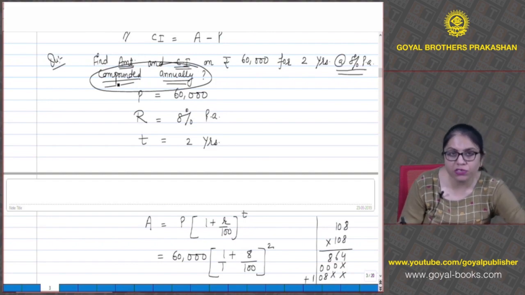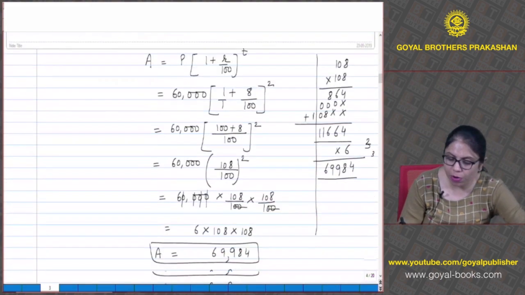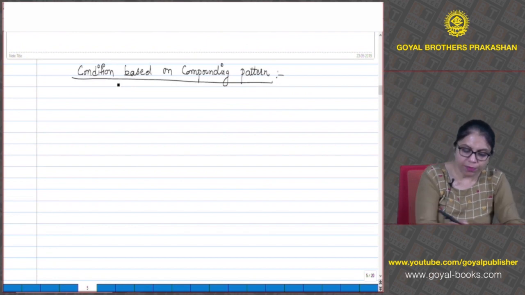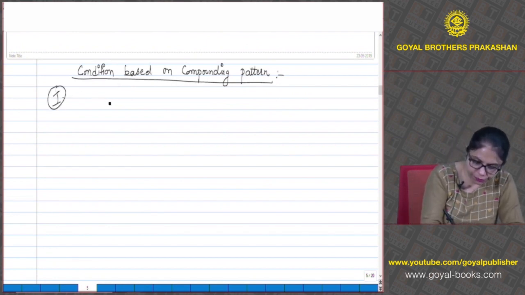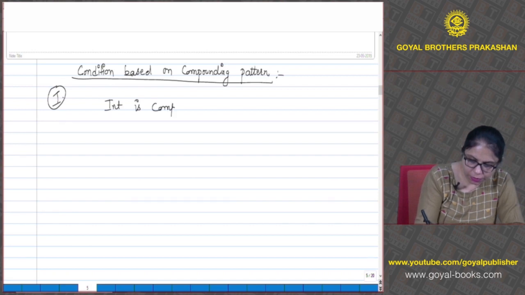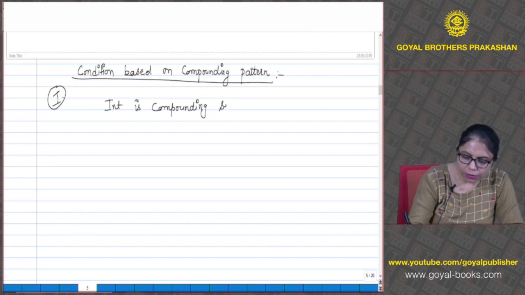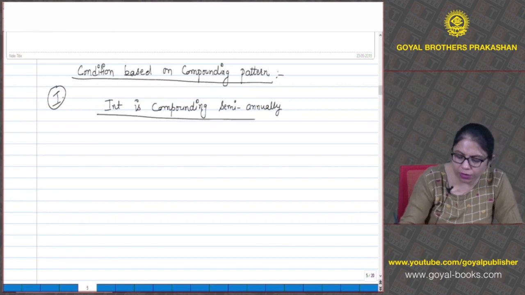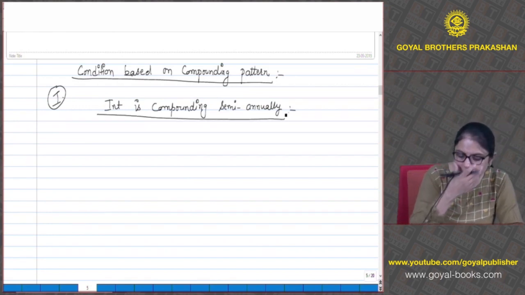It is clearly mentioned in the question. Suppose interest is compounding semi-annually. That means it is compounding after every 6 months. Semi-annually means after every 6 months.